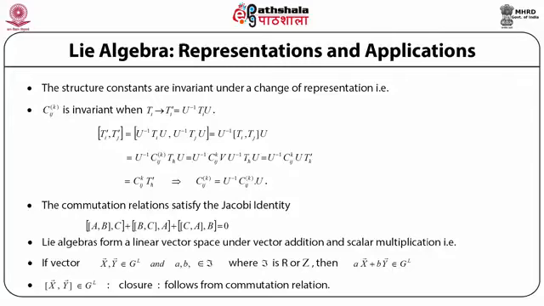That is, if there are two vectors x and y belonging to a linear vector space G, and if you have two complex numbers a and b, then a linear combination ax plus by also belongs to G. And moreover, the commutator [x, y] also belongs to G, which means that the closure property is satisfied, and this relation follows from the commutation relations.